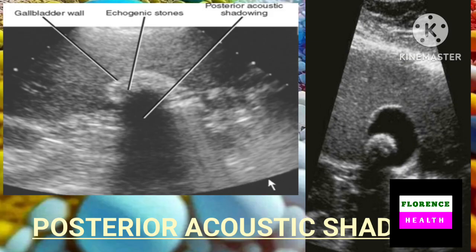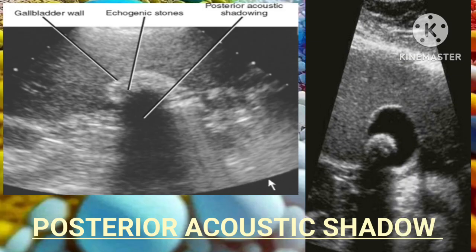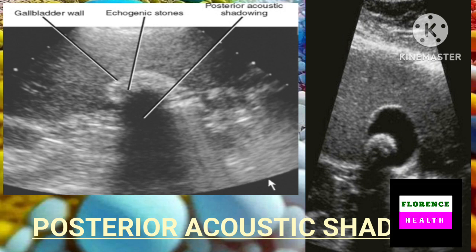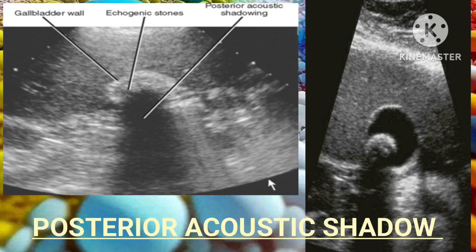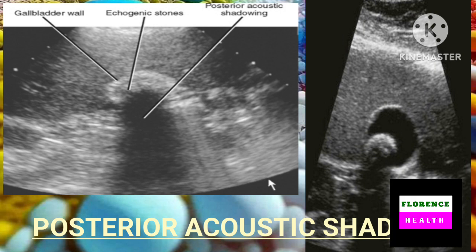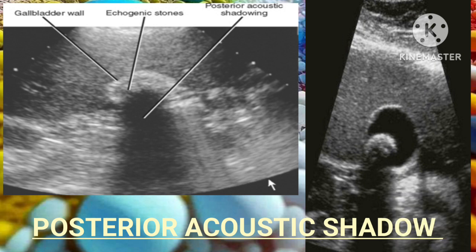As almost all the beam, or 100% of the beam, is reflected from the echogenic focus to the transducer, the area just posterior to it will be a non-scannable, non-resolved part which appears black in color or looks dark.